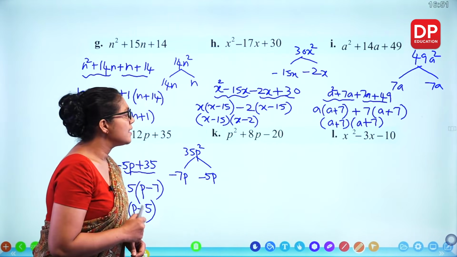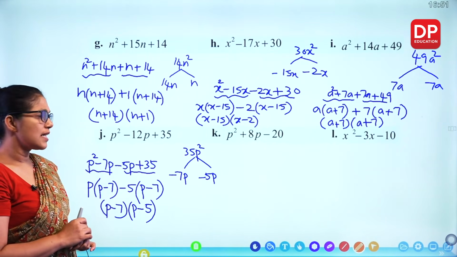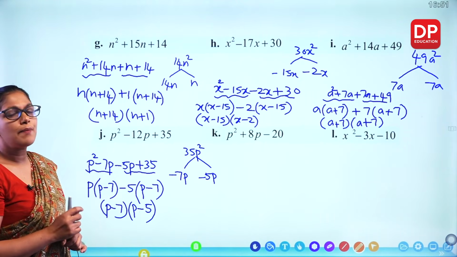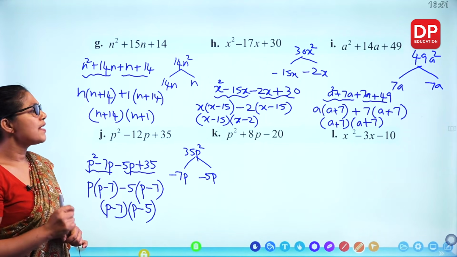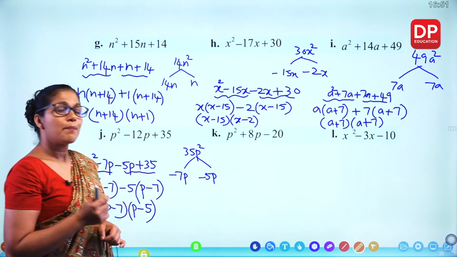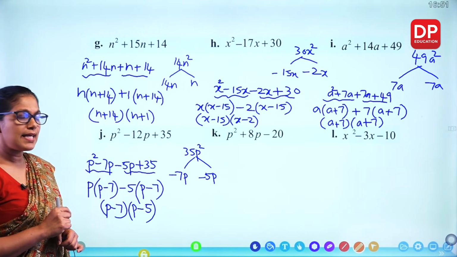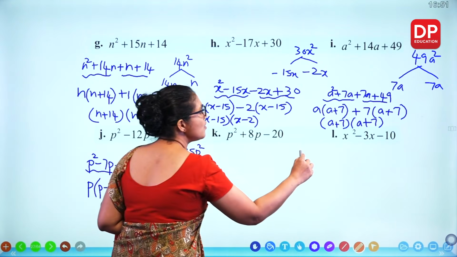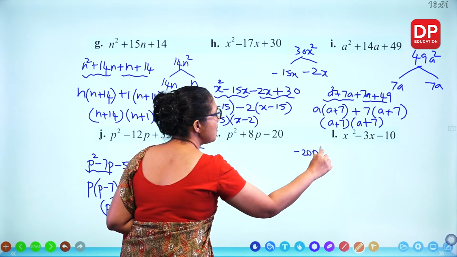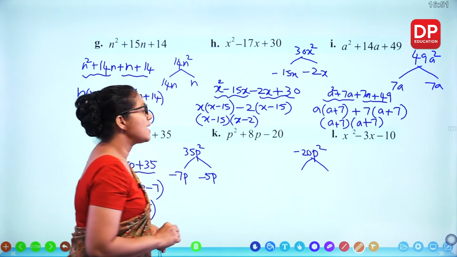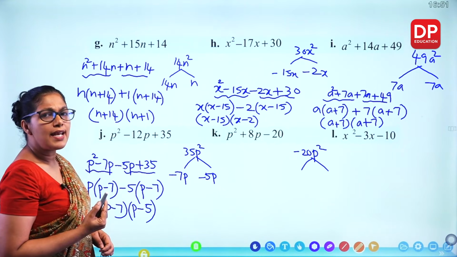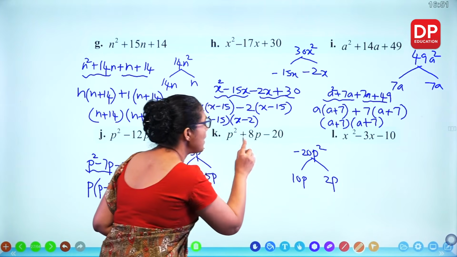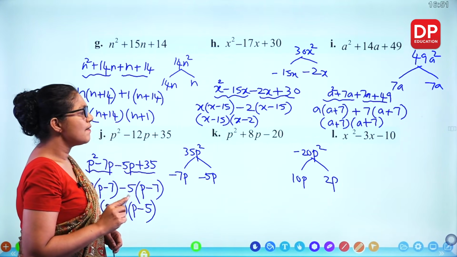Now when you take the next one, minus 20, and the middle term is plus 8. Last term is negative means one should be positive and the other one should be negative. But plus 8 as the middle term means the highest number should be positive. So here you get minus 20p squared. What are the factors of minus 20? So 10 and 2. So you can write 10p and 2p. But how we decide which one is positive?